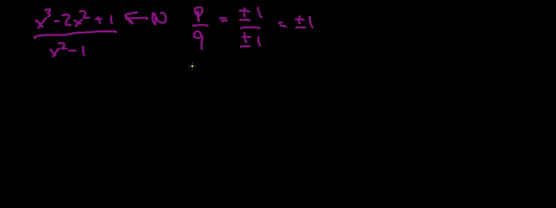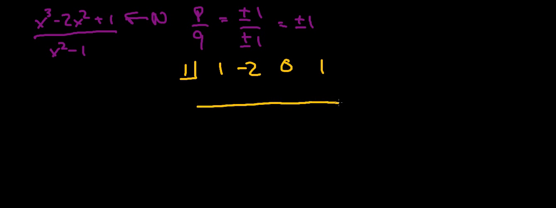So we'll go over here, we'll put 1. We have 1, minus 2, and then we have a coefficient of 0 for x to the first power, and then 1. It's very important to remember that 0, otherwise this synthetic division is not going to work.